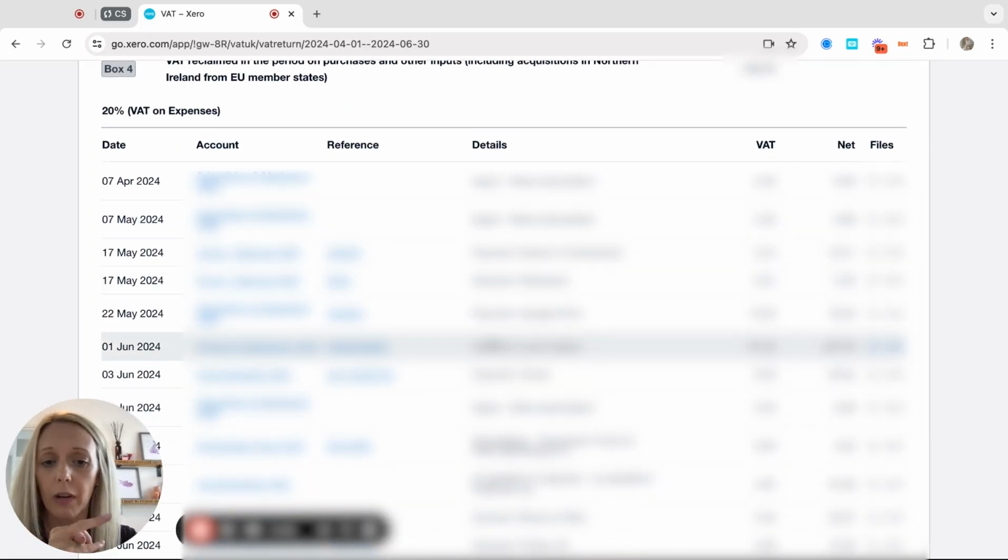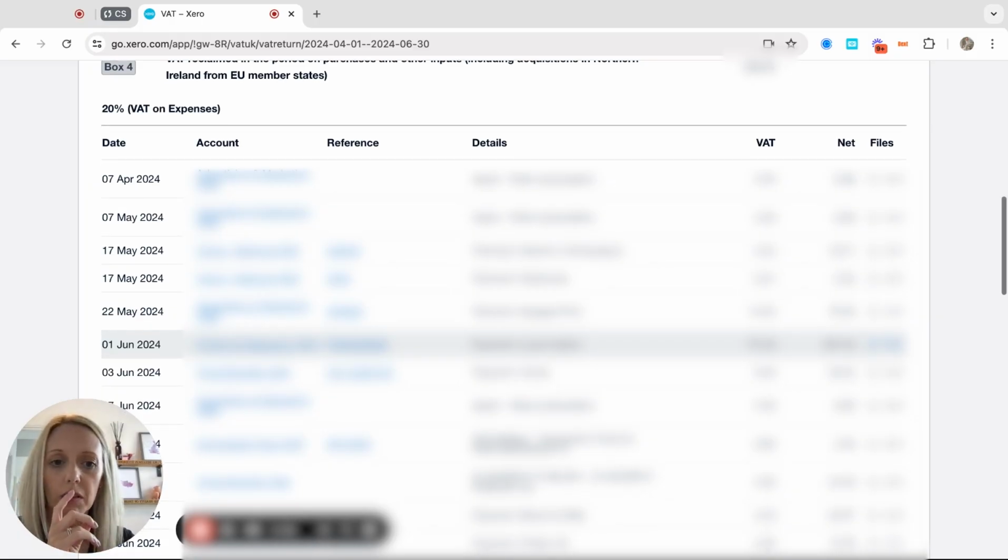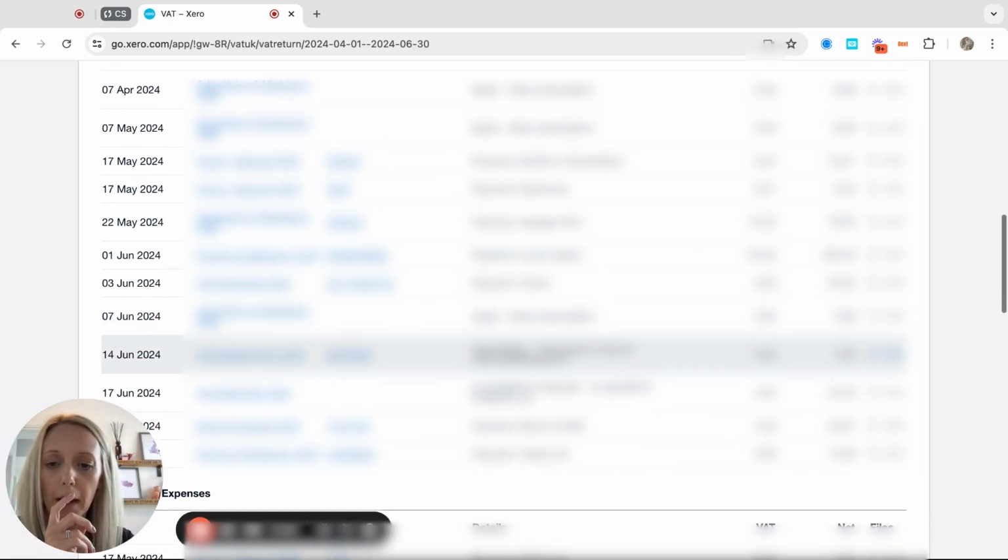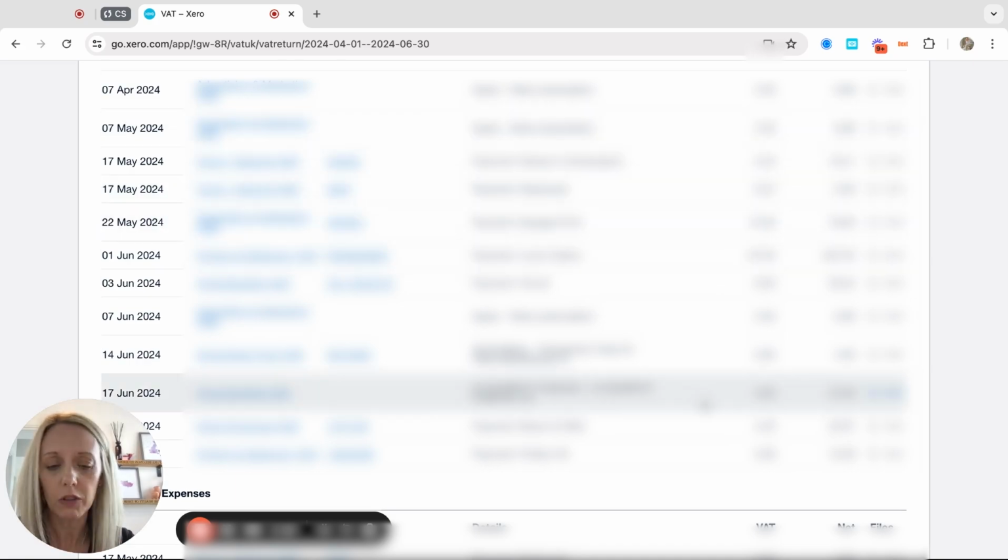These ones are where we find a lot of errors with clients who do their own bookkeeping because they don't know if potentially the purchase does or doesn't include VAT and at what rate it is. So you need to go through here and just double check that you're happy that each of the things included in this box as purchases with VAT have VAT on them.